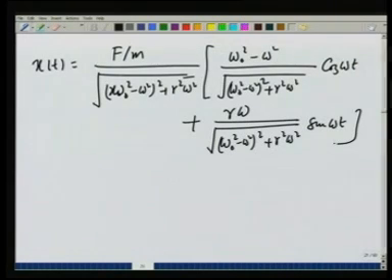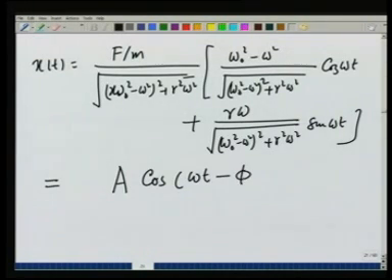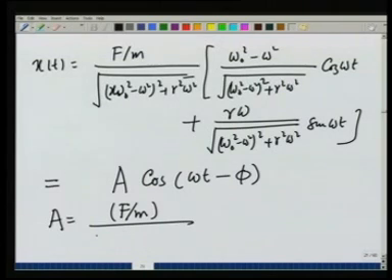This can be written as some amplitude times cosine of omega t minus phi, where the amplitude of the motion is f over m divided by the square root of omega naught square minus omega square squared plus gamma square omega square.